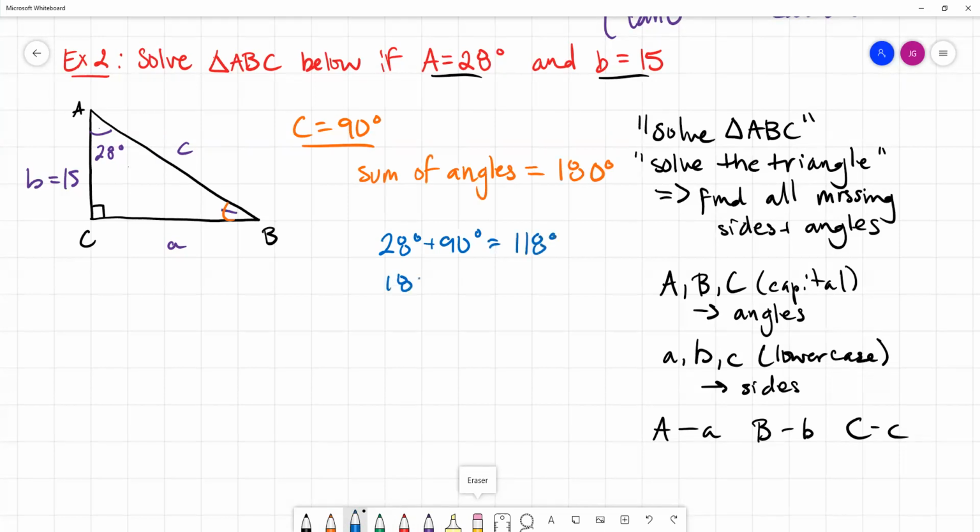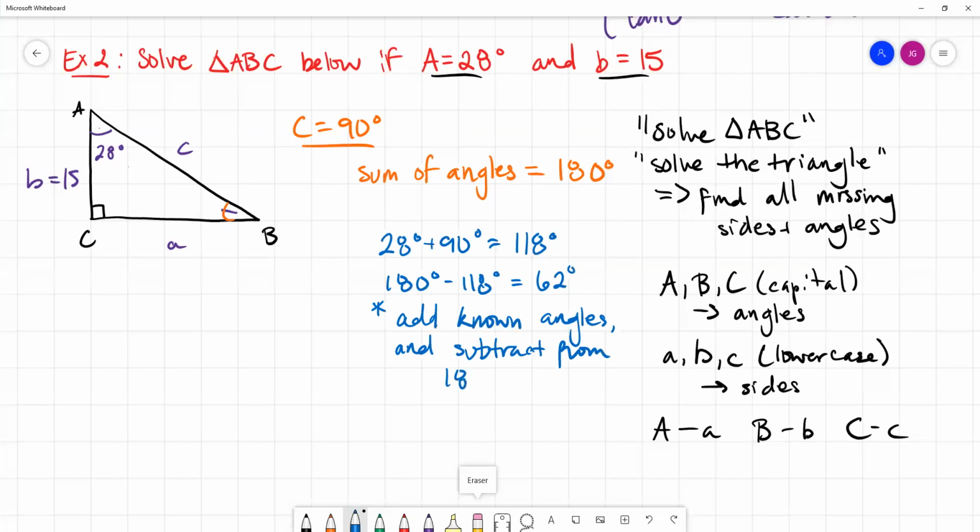And then I subtract from 180. And so that's going to end up being 62 degrees. Okay, so just to write it down, add known angles and subtract from 180. And that's how we found the missing angle.